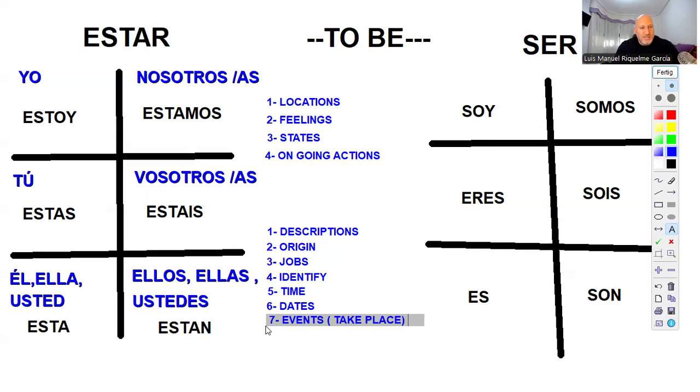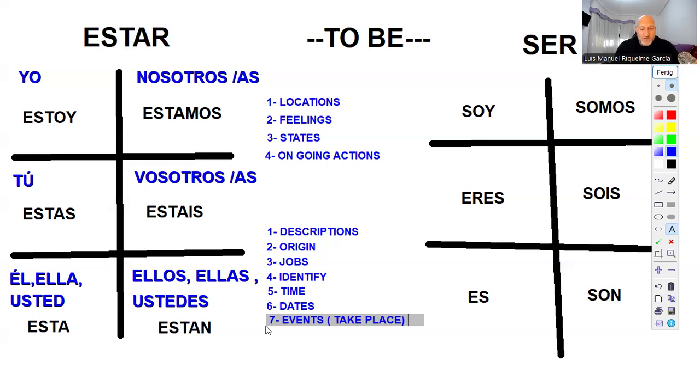The party is on the beach. La fiesta es en la playa. The wedding is in that church. La boda es en esa iglesia. So when you are talking about an event taking place in a certain venue, you always use ser.